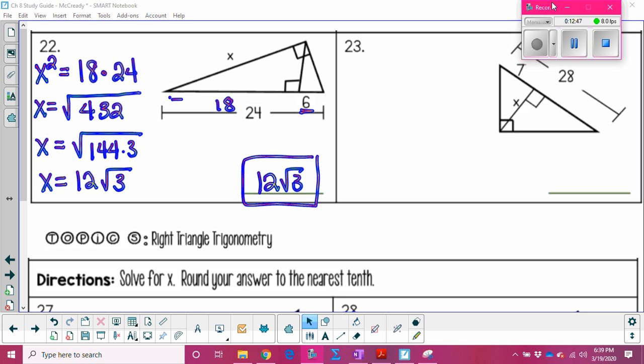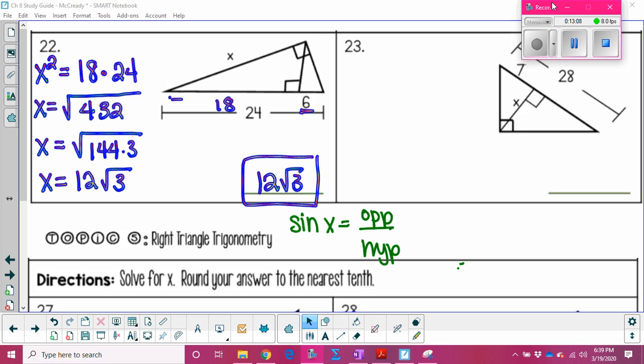Okay, so let's look at right triangle trigonometry, and we'll talk about the trig ratios. Remember, you have a couple. You have that the sine of angle x is equal to the ratio of the opposite side over the hypotenuse.